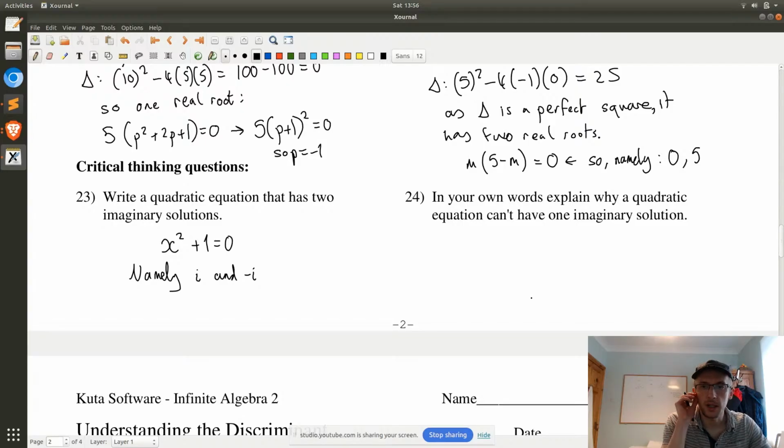In your own words, explain why a quadratic equation can't have one imaginary solution. Well, say that the discriminant is negative.